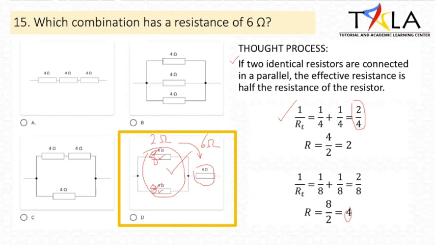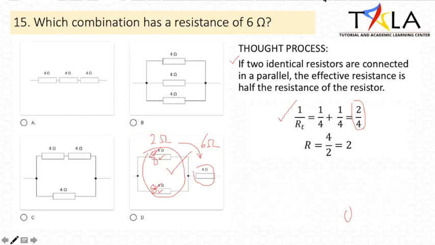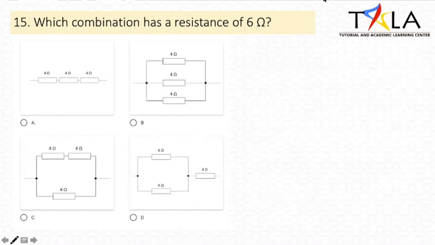Sige, as a bonus, i-calculate naman natin yung total resistance ng bawat letters. Okay ba yun? Dito, sa letter A, we have a series circuit. In a series circuit, ang gagawin lang natin to solve for the total resistance is how?